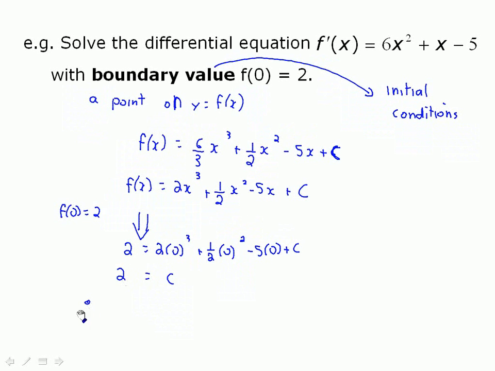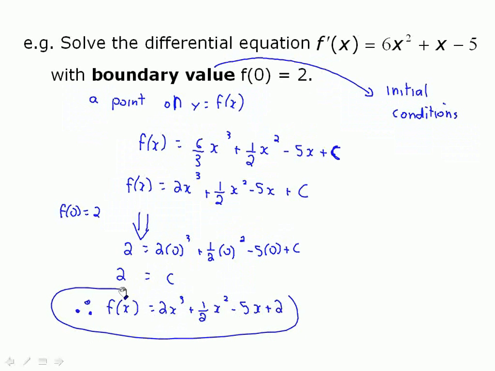And this tells us then that the function f at x is equal to 2x cubed plus 1/2 x squared minus 5x plus 2. So that's the question. That's how these things go.